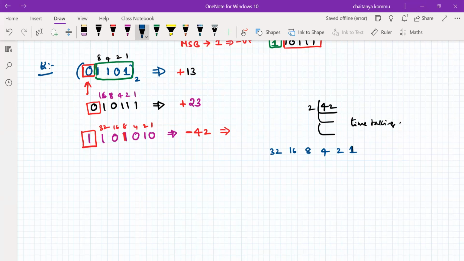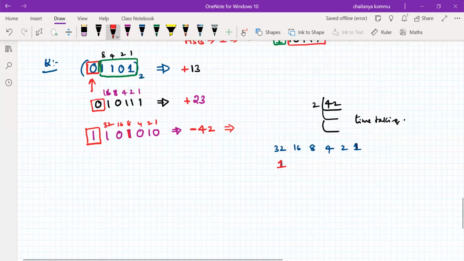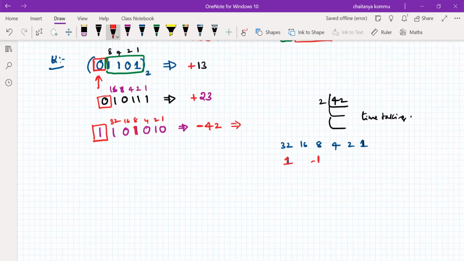So 32 plus how much value can I add so that 42 will come? 32 is required, right? Yes. Next, 8 is required. Yes, 8 is required. 1 is required. Something like this. So 32 plus 8 is 40, and with 2 it is 42. The remaining are all zeros.